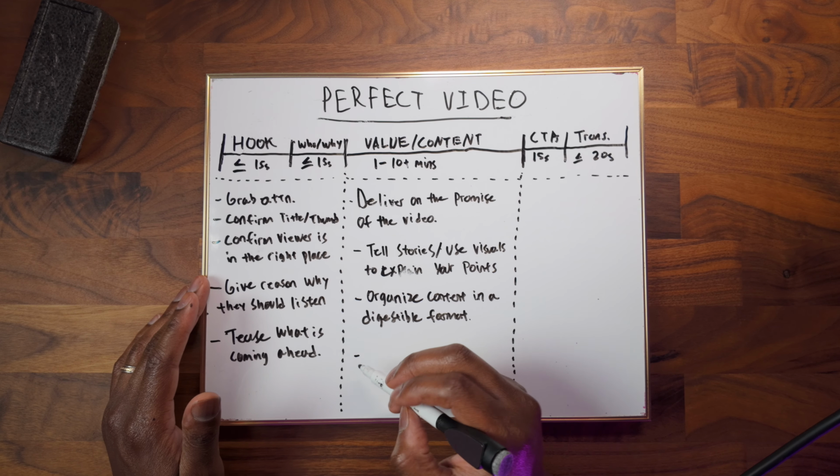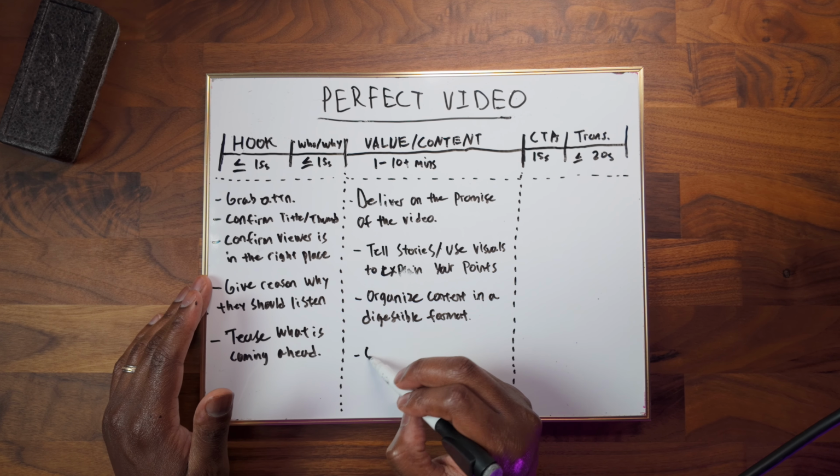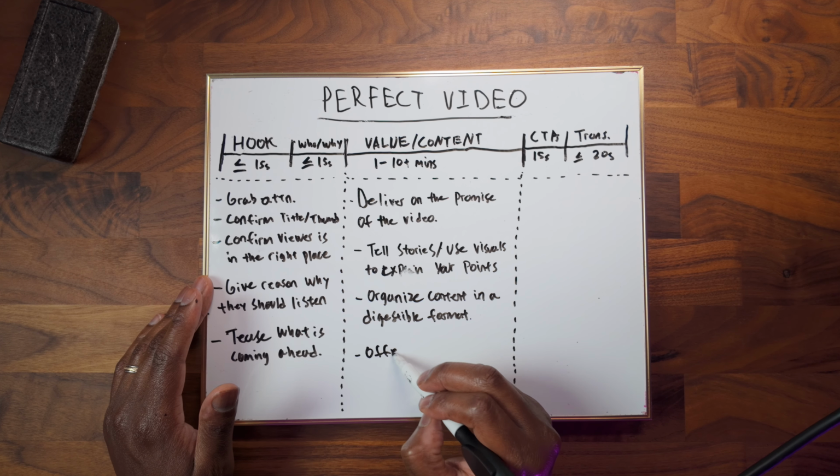So it's packaging as much value per second. So that way the viewer is actually getting so much ROI on their time. They're watching a 10-minute video, but the value is as if they were to spend hours trying to research or find out this information on their own. So the last point here is offer lots of value per second.